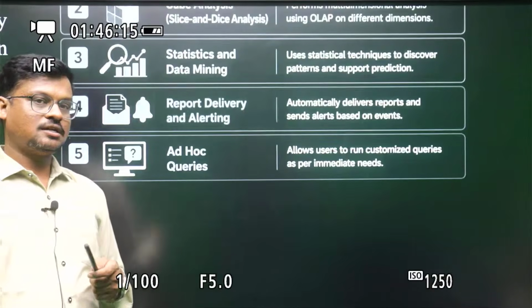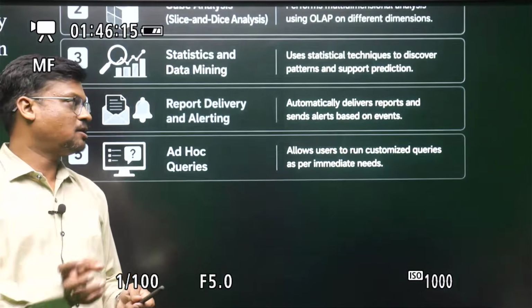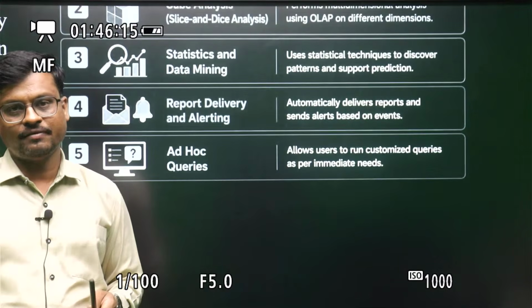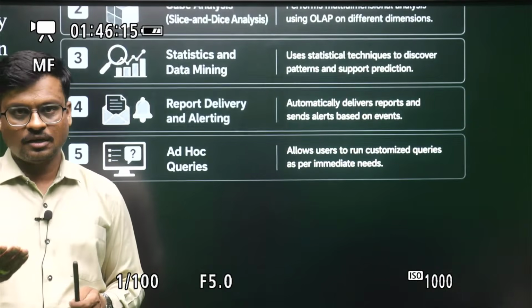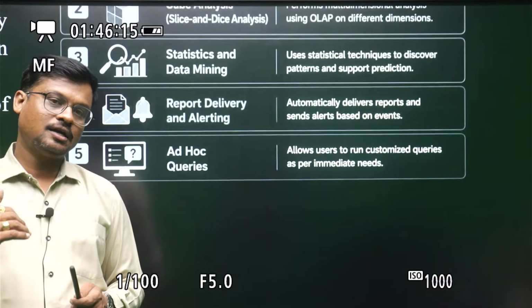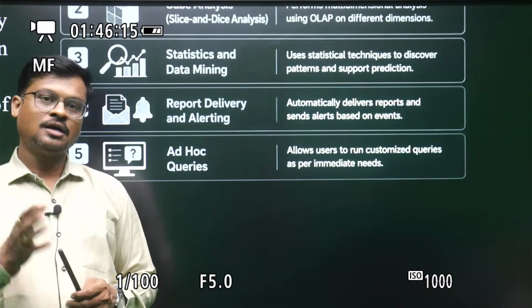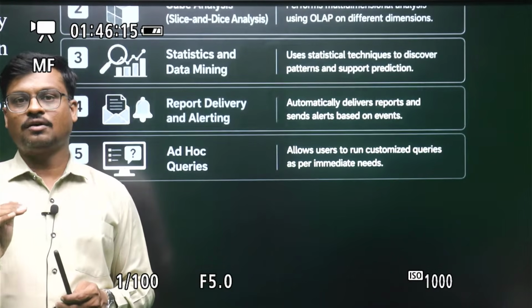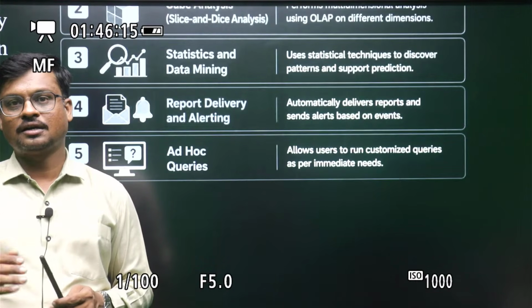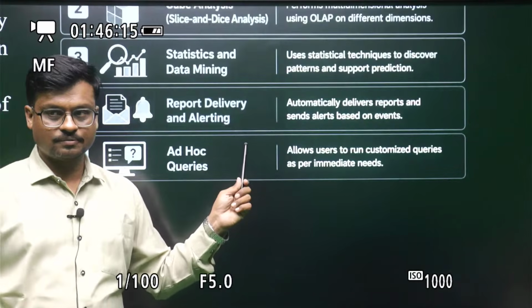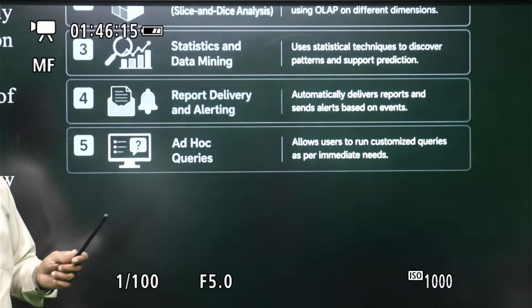Automatically delivers the reports and the alerts based upon the criteria or the event. If an event has been executed, automatically it will trigger an alert message to the concerned department, concerned person. Like the sales falling down for a particular month below a particular target, it can be done with the help of this. And the last one is ad hoc queries.